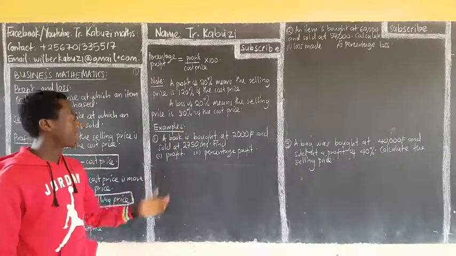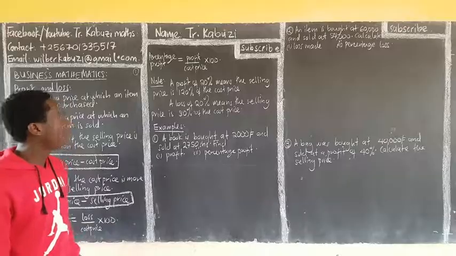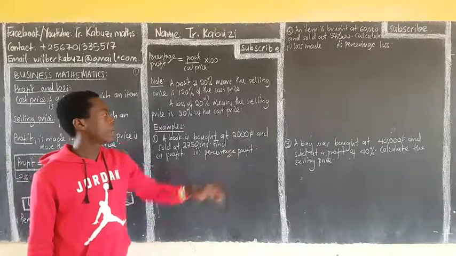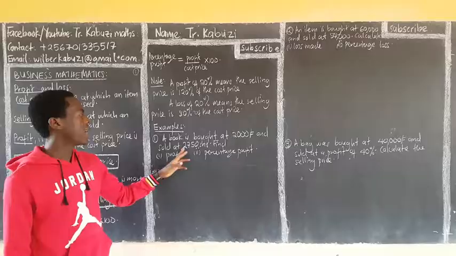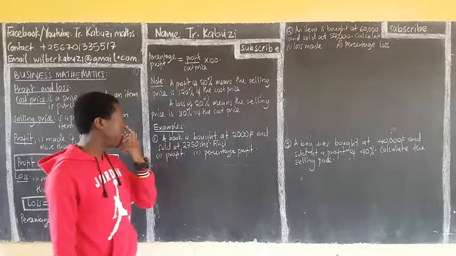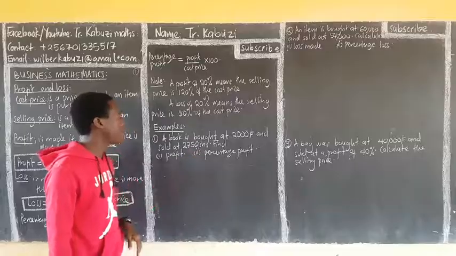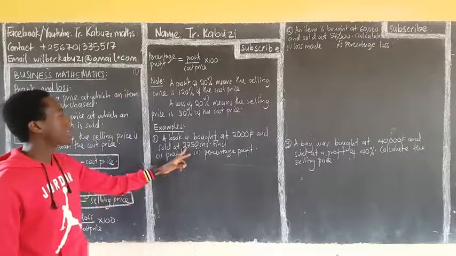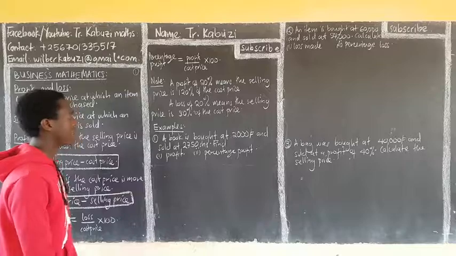Okay, let's see some examples here. A book is bought at 2,000 and sold at 2,750 shillings. Find the profit. Of course, this is our selling price and this is our cost price.